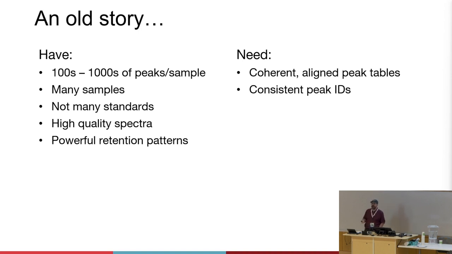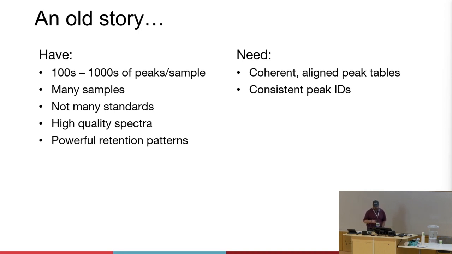What I mean by this is, if in one sample compound X shows up, it is labeled as compound X, and nothing else is labeled as compound X. If a second sample is run and compound X shows up in that sample, it's also labeled as compound X. If you have a sample where there is no compound X, no other peak is mistakenly labeled as compound X in your peak table. This is what we're trying to avoid.